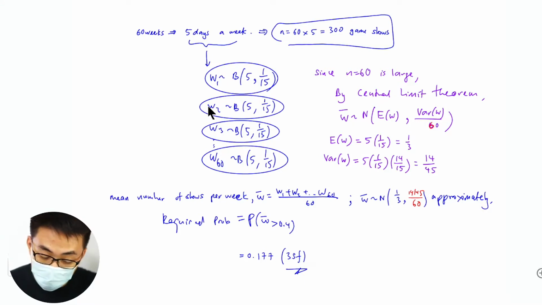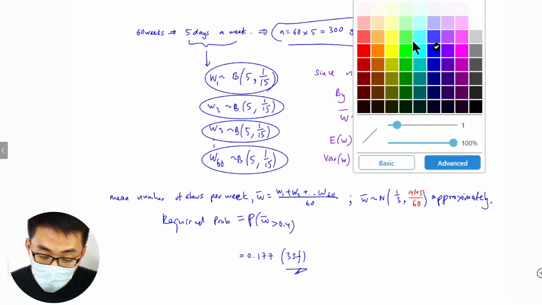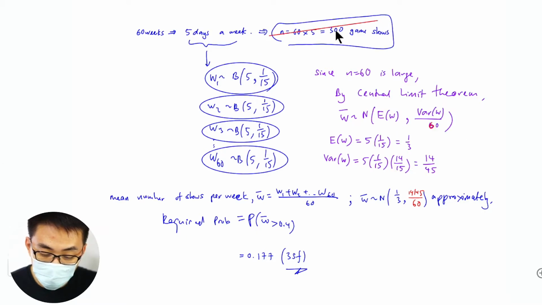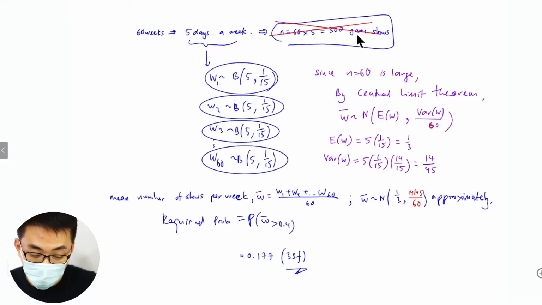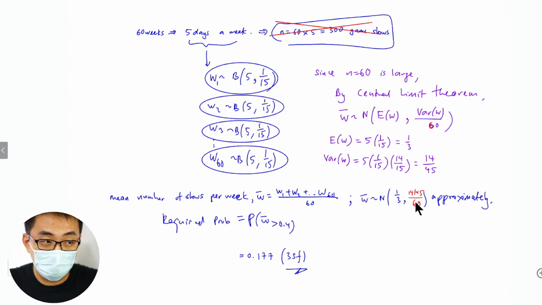I don't want the total number of games. Just take note of that. Initially I thought of that because I didn't read the question properly. So I want the average of every week. You list week 1, week 2, week 3. Every 1 week is a binomial. Then you can get the mean number using the central limit theorem.